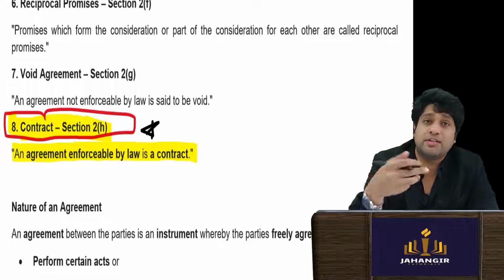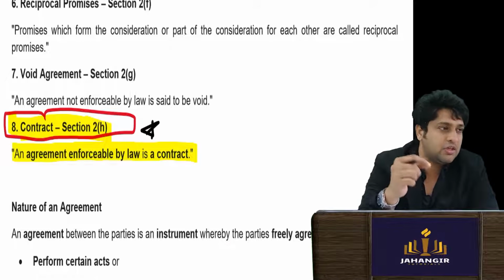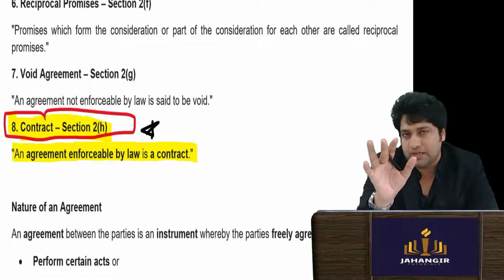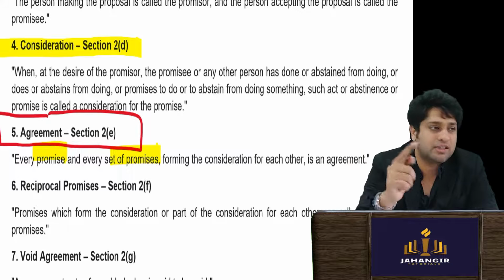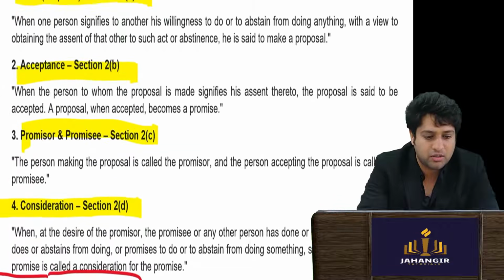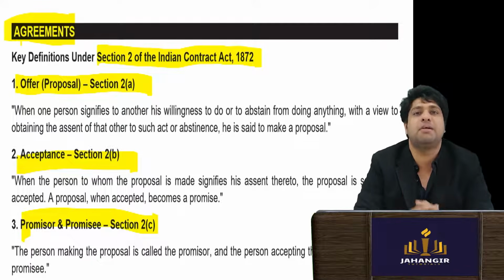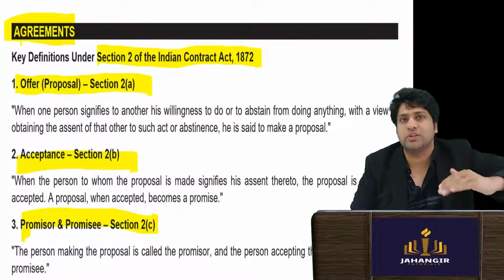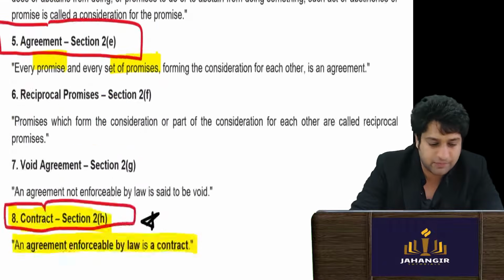Now you know you are writing everything about contracts, but will you quote the section? So learning the section is equally important. What is an agreement? It is under Section 2(e). So learn it in order, so you will be able to mention and write it. This I'm explaining just to show how the theory needs to be pepped up and dressed up.